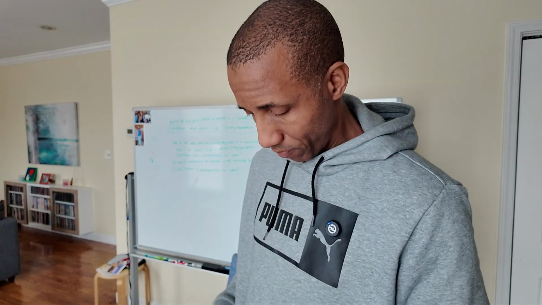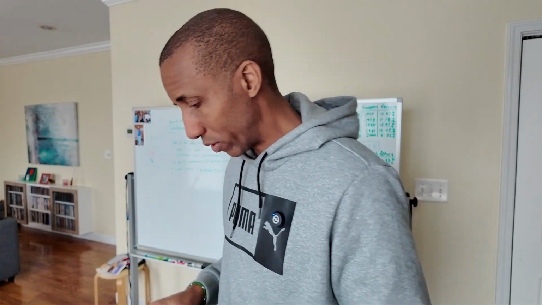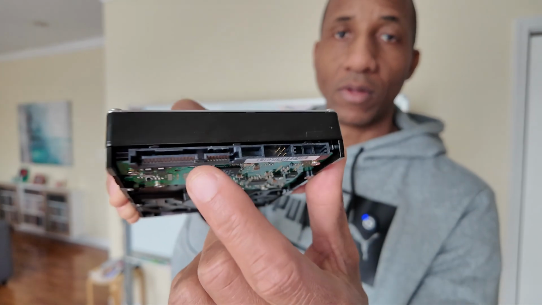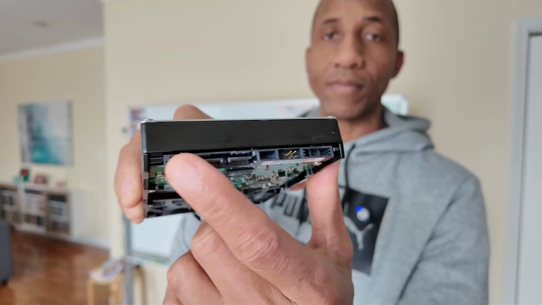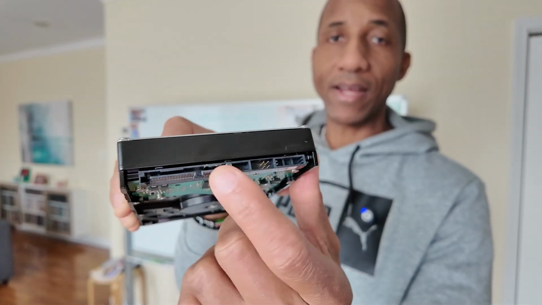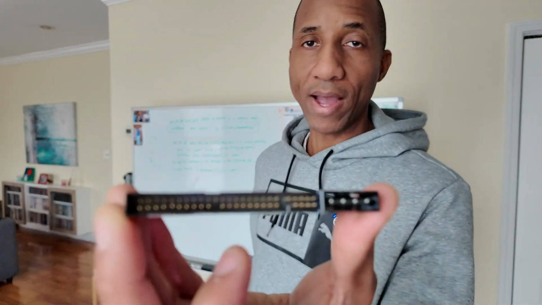And also, one more thing for you cloud people: there's an interface called SATA and there's an interface called IDE. And you're probably thinking, okay, what does that mean, Elliot? Well, again, that has to do with the connector. That is IDE. That is the SATA connector. Let me show you what IDE looks like. I don't have an IDE hard drive, but I do have this little circuit board that I took out of an old IDE hard drive.